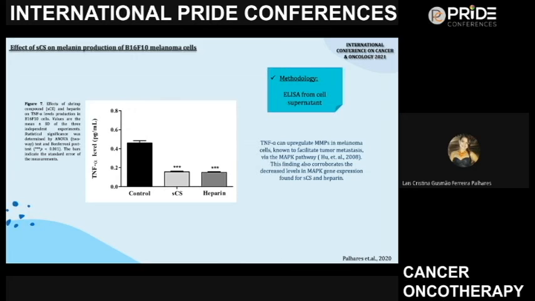So what we saw here is that the cells were producing less TNF-alpha in the presence of SCS and heparin as well, which once again corroborated previous results that we've seen.